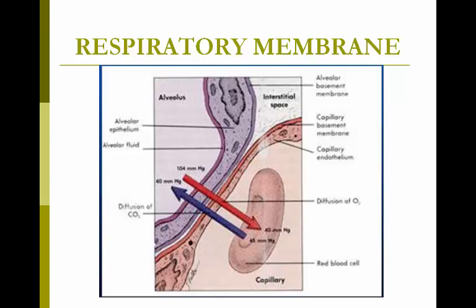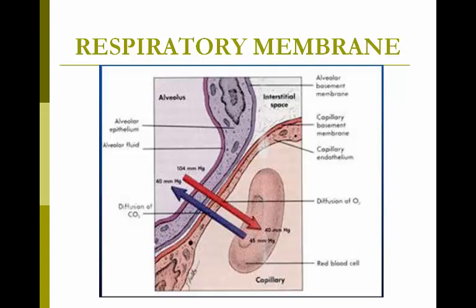In the red area, you have oxygen diffusing from the alveolus into the bloodstream and into that little donut-shaped structure, the red blood cell. Notice we have a number in the alveolus, 104 millimeters of mercury for oxygen pressure, and we have 40 millimeters of mercury on the other side of that arrow, the red arrow.